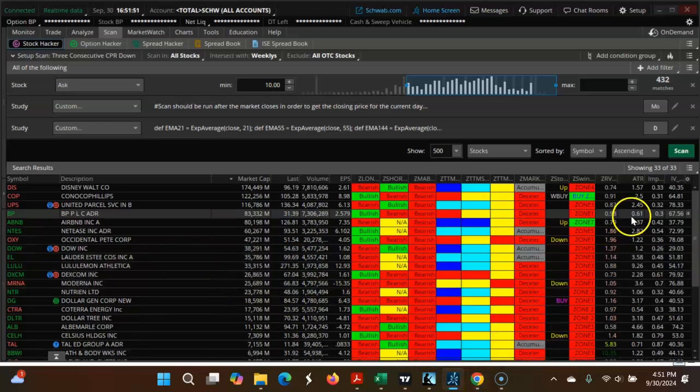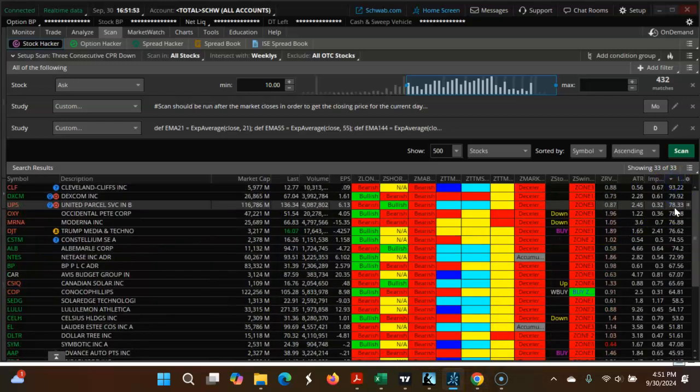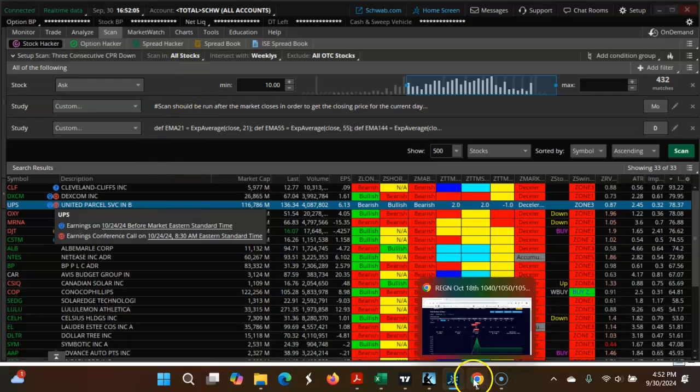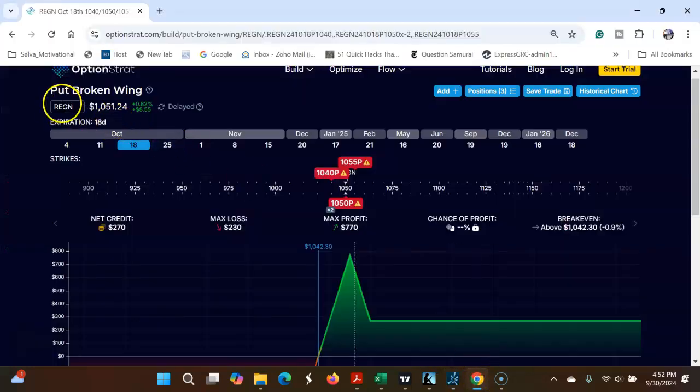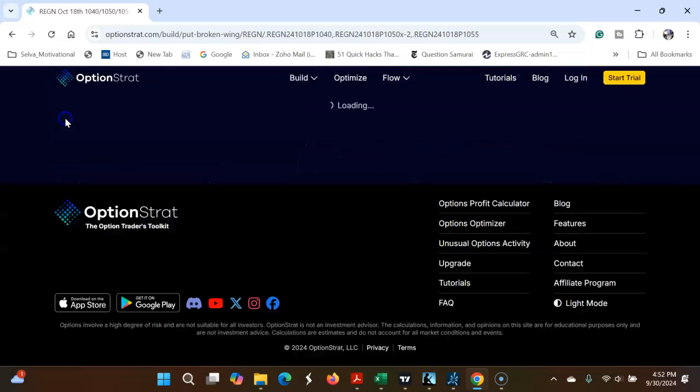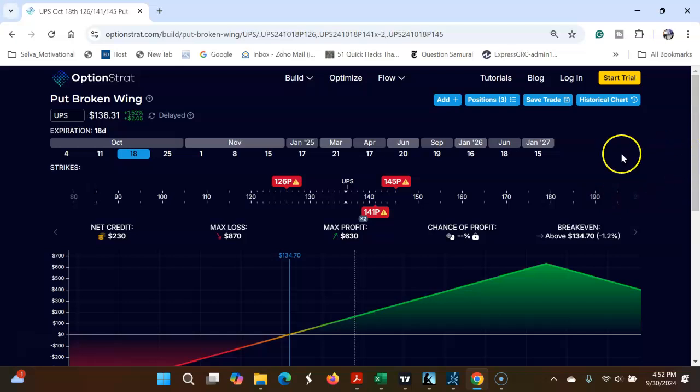Let's look at high IV stocks: CLF, DXM, UPS. Let's say UPS, right? UPS has earnings coming up. Let's go to OptionStats, UPS.